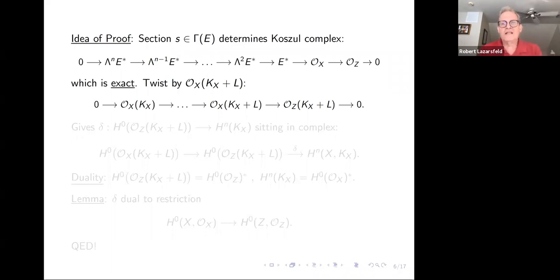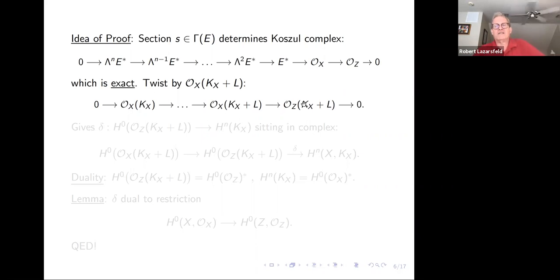Okay, now let's take this complex and twist through by the line bundle OX of K plus L. What do we get? We get OZ of K plus L restricted to Z, and here we get OX of K plus L. I've written fewer terms, but on the left, remember that the determinant of E is L, so the determinant of E dual is L inverse, or minus L. So when we twist by KX plus L, we're just going to get KX.